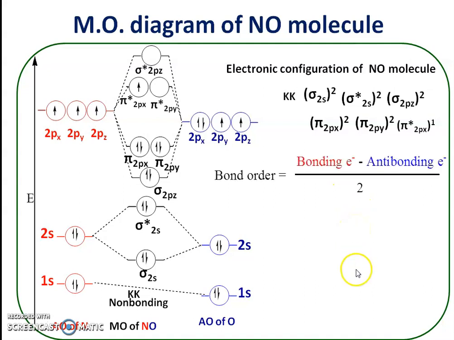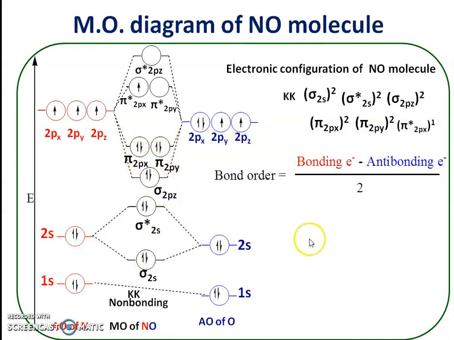Now the bond order means the number of bonds between two atoms. Its formula is the number of bonding electrons minus the number of anti-bonding electrons, upon 2. Now in the outermost shell molecular orbitals, the total number of bonding electrons: 2s2 is bonding, and sigma 2pz, pi 2px and pi 2py are also bonding.